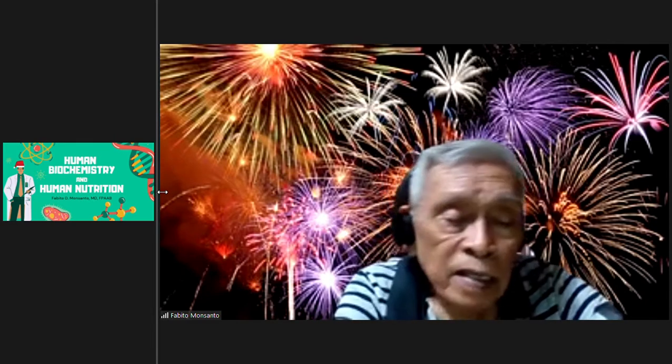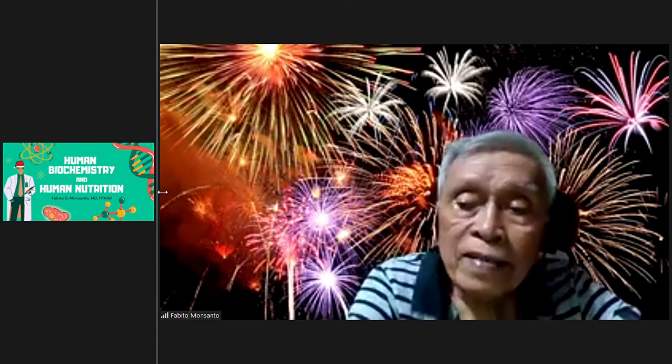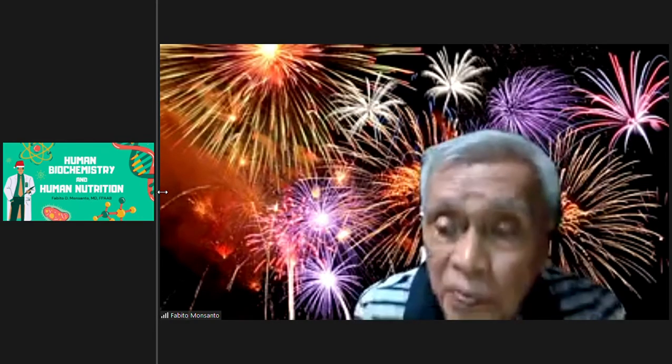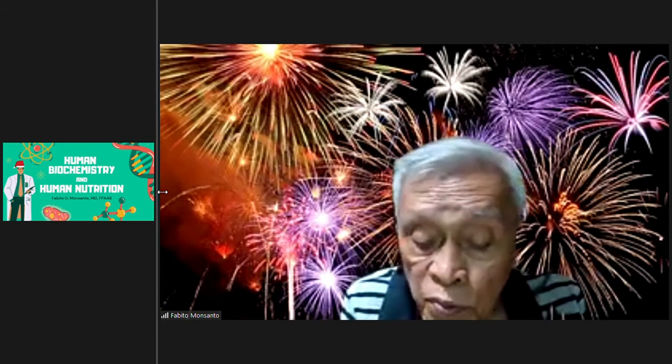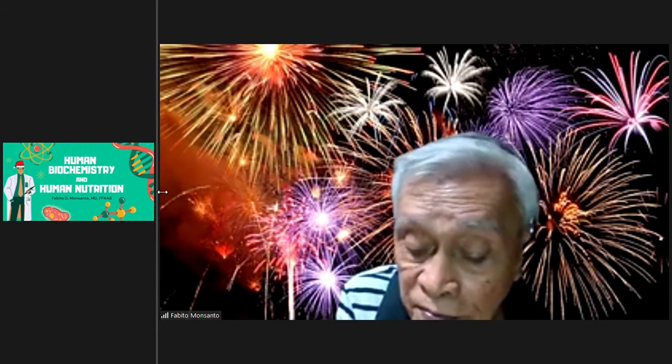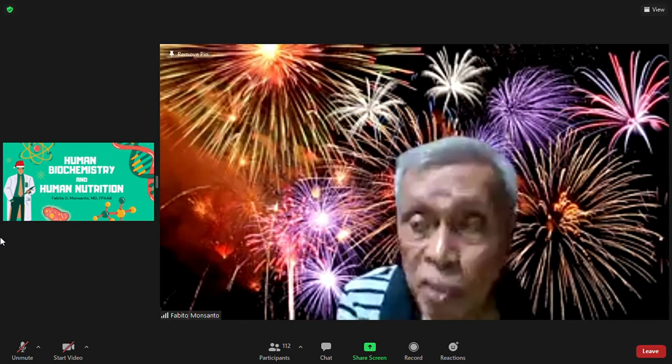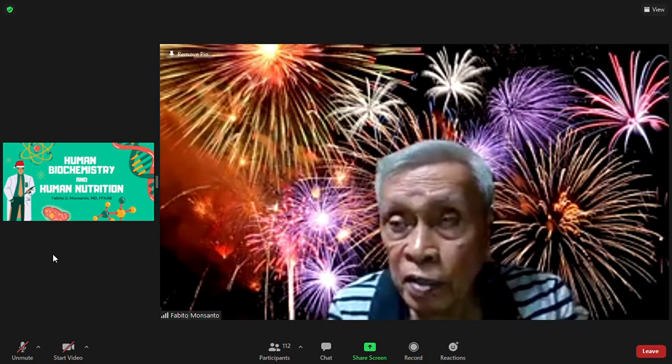Okay? And there, it is now in a form that can be absorbed. Absorption. Okay? And you have transporters there, several transporters.